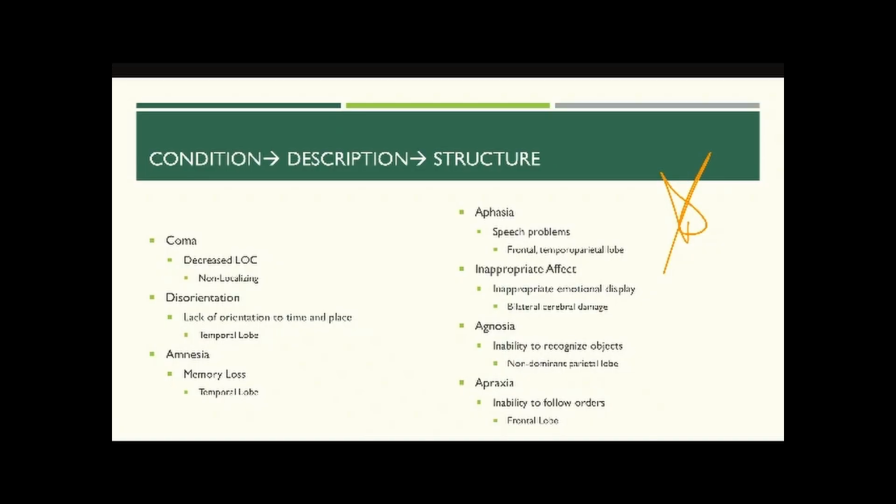If I can't recognize objects, it's the non-dominant hemisphere, so it's the right side. So if I'm right-handed, my dominant hemisphere is left. So if I have a problem, I can't recognize objects, it's my non-dominant parietal lobe. My non-dominant parietal lobe is my right side.